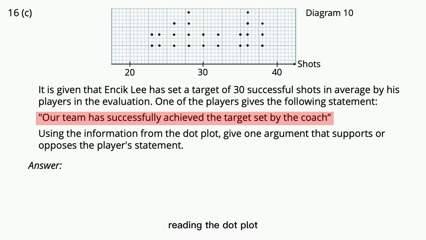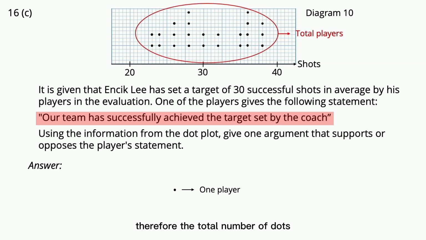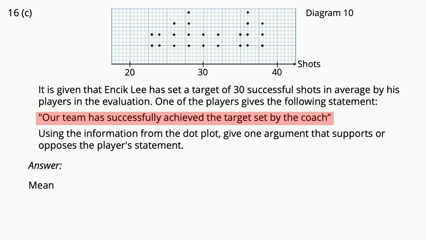Reading the dot plot, each dot represents one player's performance. Therefore, the total number of dots represents the total number of players. The x-axis shows the number of successful shots. Calculate the average, that is total shots divided by total number of players. To find the total number of successful shots, multiply each shot value by its frequency and add them up.